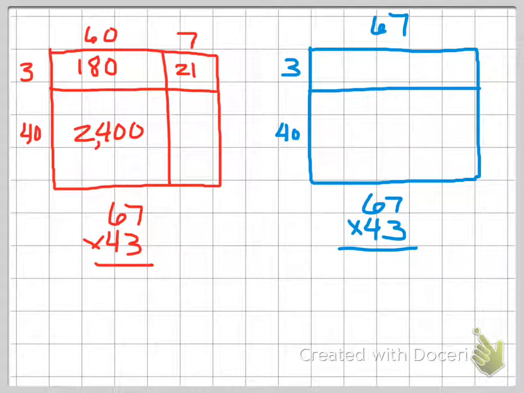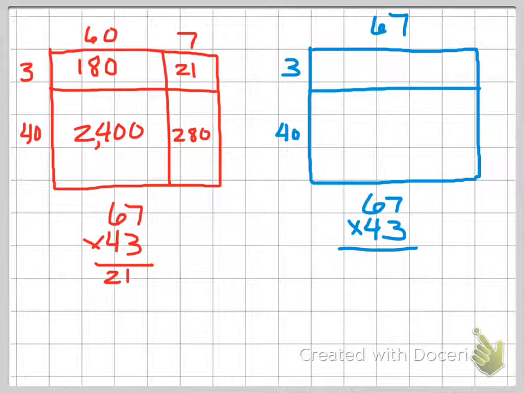Then I have 40 times 7. Well, 4 times 7 is 28. That's 28 tens. So this would be 280.